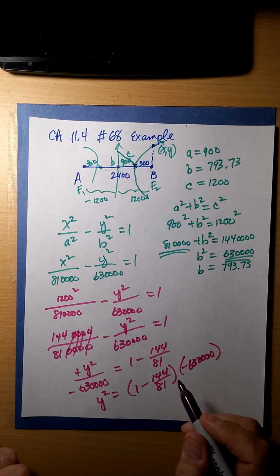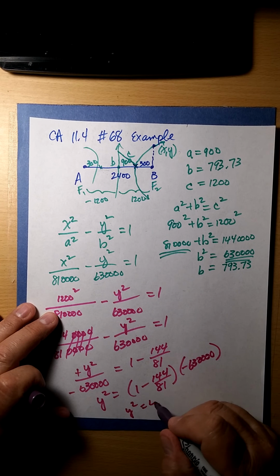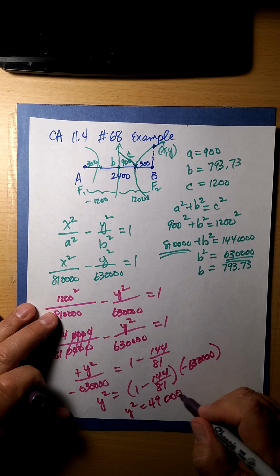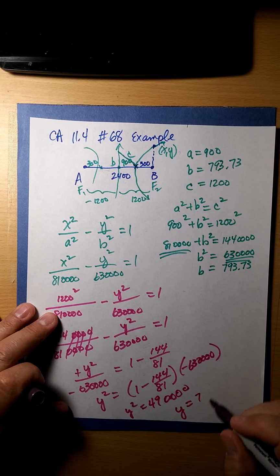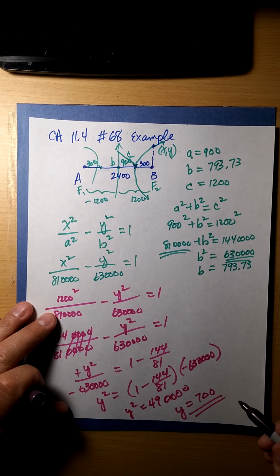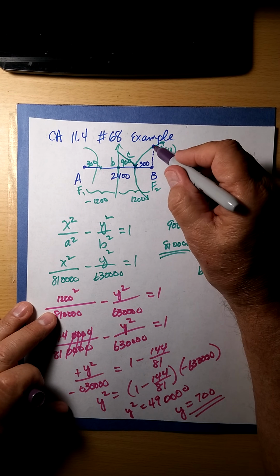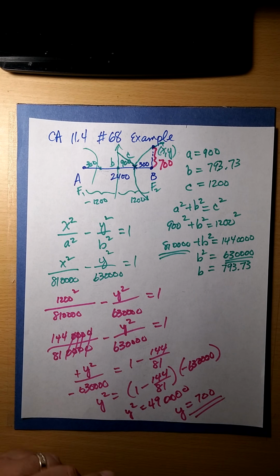See, y squared then comes out to be, amazingly, 49 with 4 zeros. And if you take the square root of that, it's 7 with just 2 zeros, or 700. So this distance should be 700. And that's number 68.